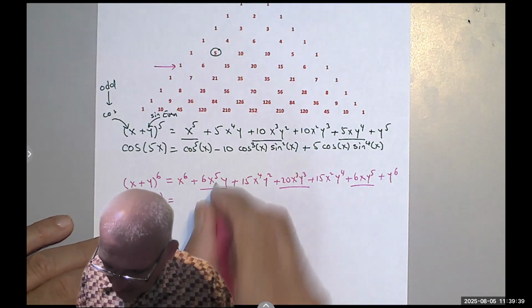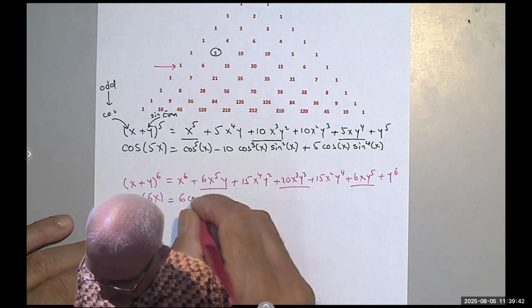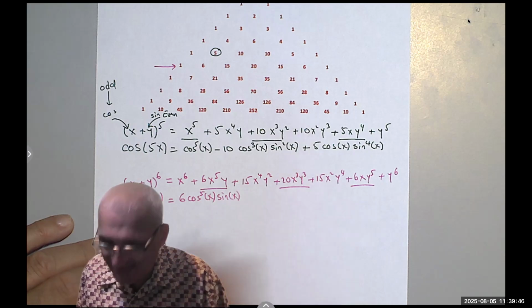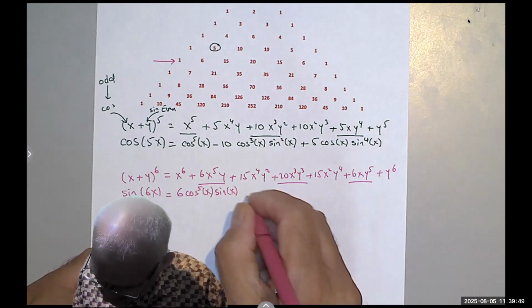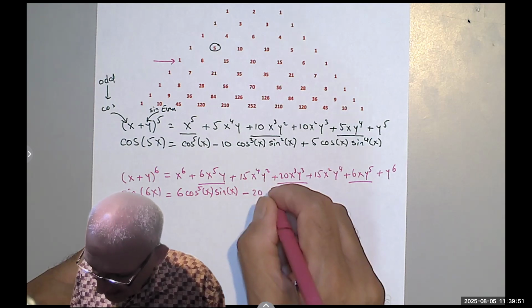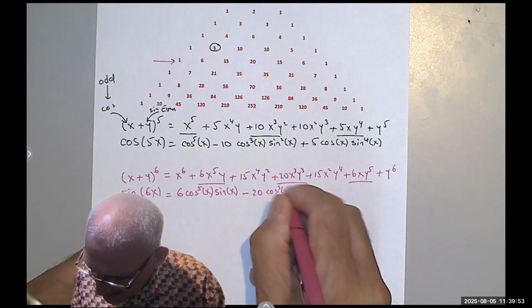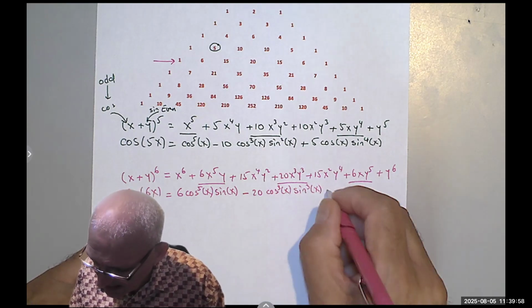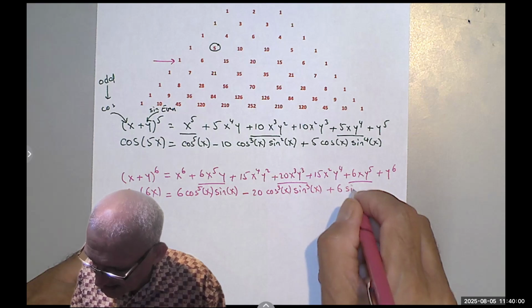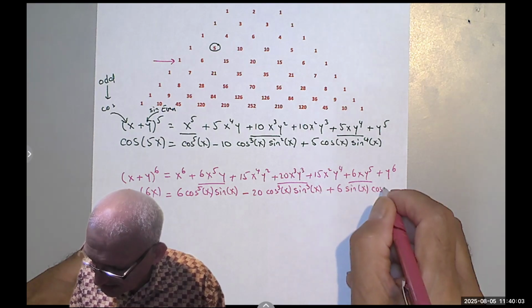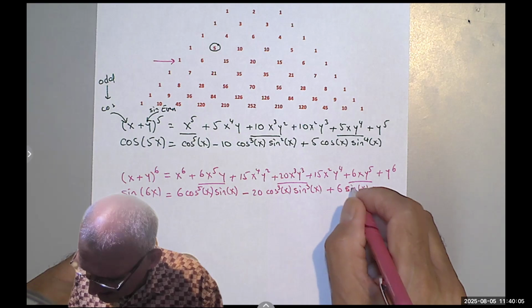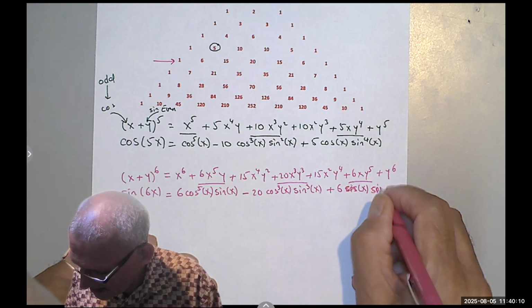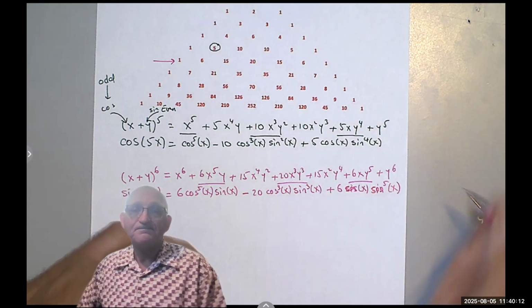So it's so easy to see that this one is 6 cosine to the fifth x sine x minus 20 cosine cubed x sine cubed x plus 6 cosine x sine to the fifth x.